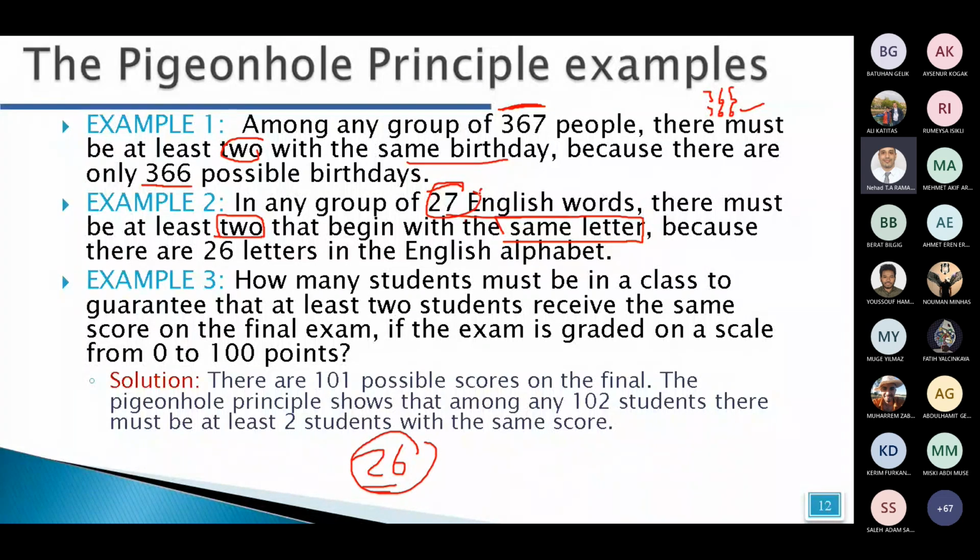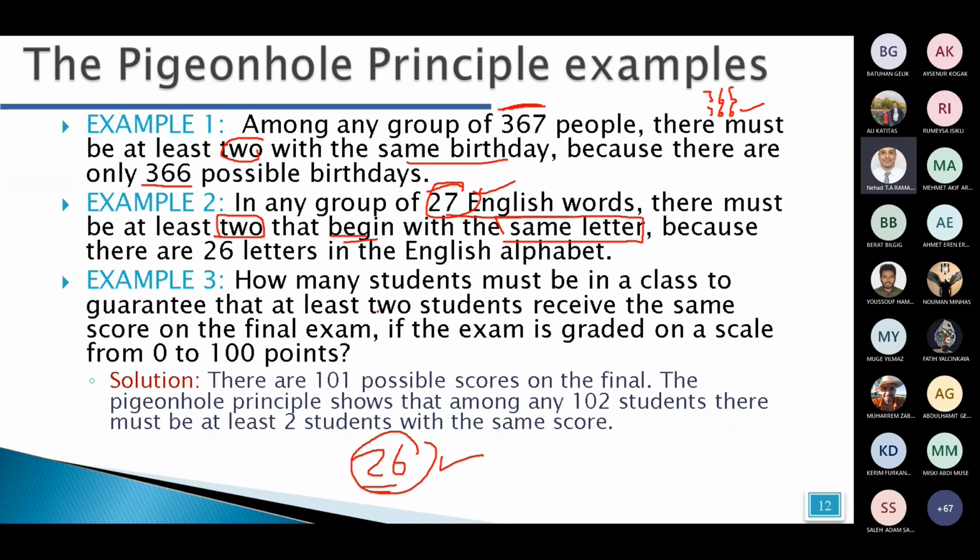We distribute these words on the letters to get the first letter of each word. Okay, 26 words for 26 beginning letters, but the 27th one must repeat one of the others. So there must be at least 2 that begin with the same letter.